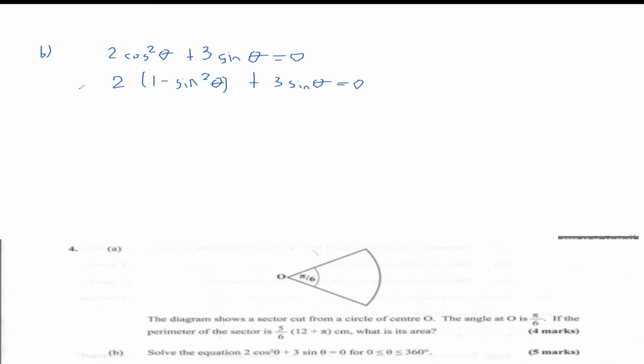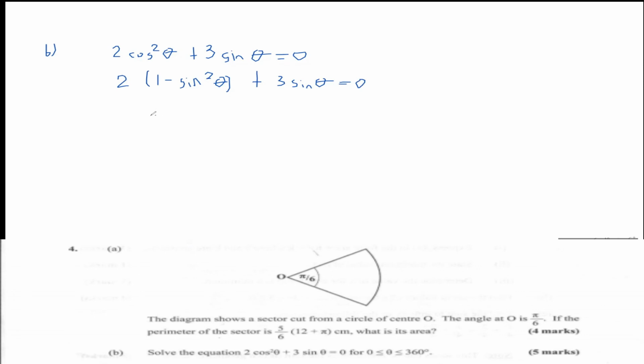All we have to do now is multiply through by 2 to get 2 minus 2 sine square theta plus 3 sine theta, and that's of course equal to 0. Nice. So this is what we're about to solve.